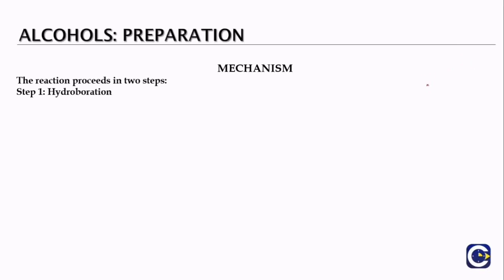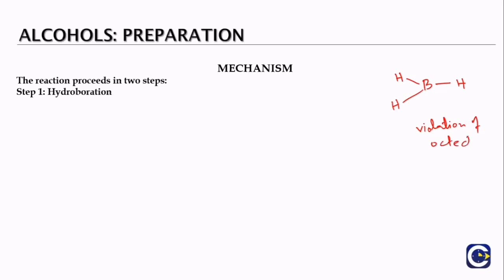If we talk about boron hydride, boron is attached to 3 hydrogen atoms. First of all, this bonding of boron hydride is a violation of the octet rule.